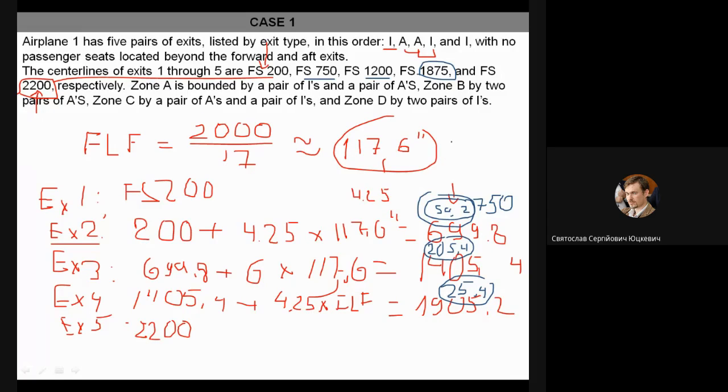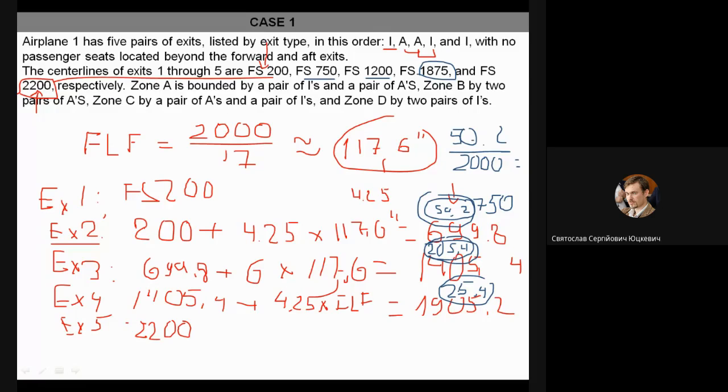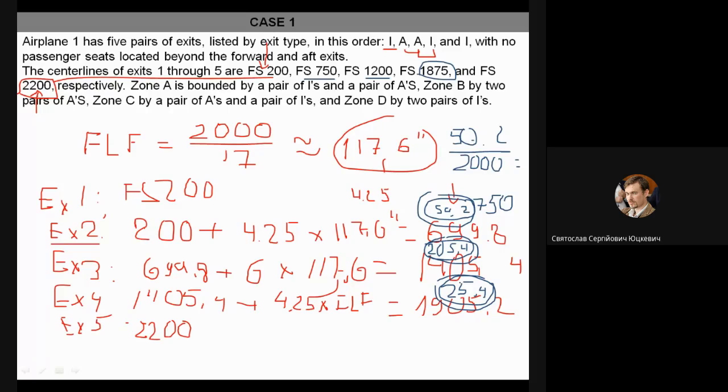So we divide 50.2 by 2000 inches, and it will be approximately 2.5%. Here it will be approximately 10%, and here it will be less than 2%. So all exits are located in the correct position.